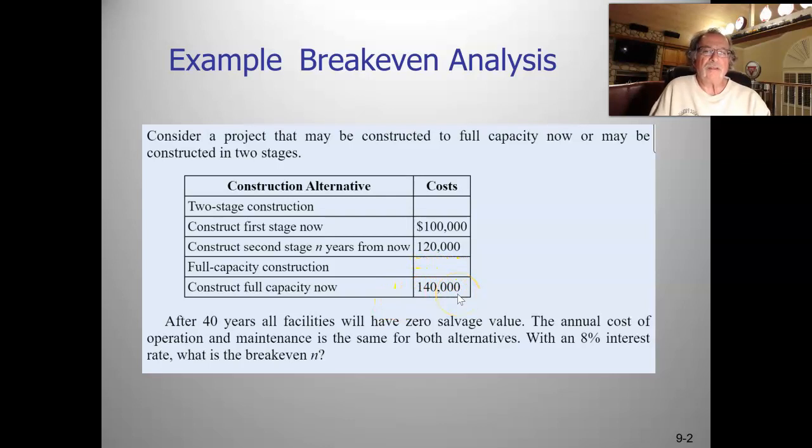After 40 years, they're going to have a zero value. And the question is, if the annual cost of O&M, operations and maintenance, is the same for both alternatives, what is the break-even value of N for these two projects to be equivalent?